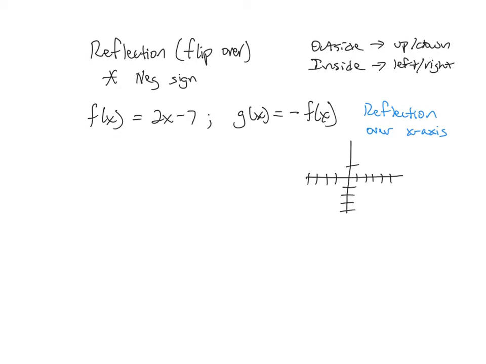let's say I had a line that went like this. When we do a reflection, with this negative sign in the front, this point that's down low on the bottom will flip up to the top.